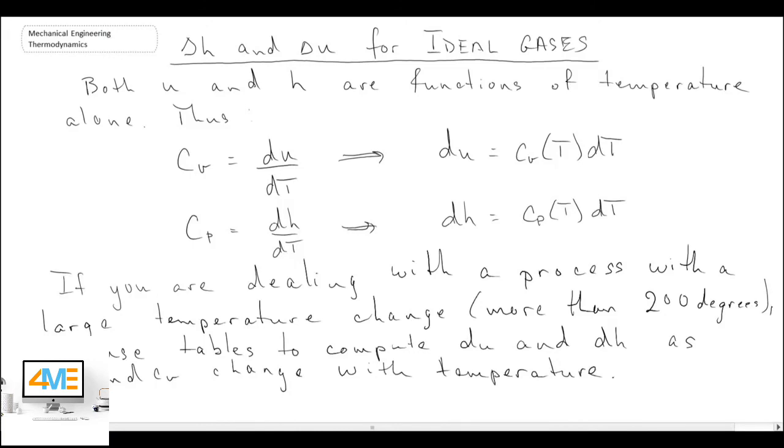So, if the temperature change is more than 200 degrees for the process that we're looking at, you need to use the tables at the back of your textbook. If the problem that we're looking at has a smaller temperature differential, so if delta T is less than 200 degrees Celsius, for example, then what we can write is the following approximation.